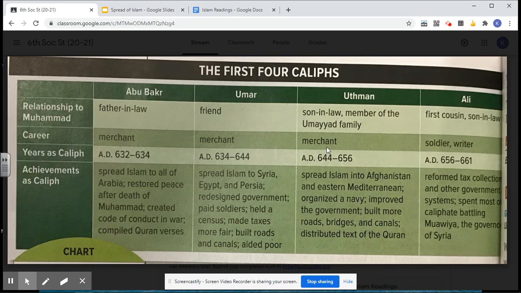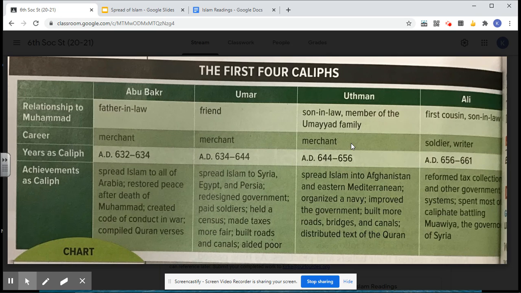The careers are very similar, because you see that three of them are merchants. Merchants again are businessmen or people involved with the trade of the time. So it makes sense that the majority of these guys were merchants, because it was important at the time, since the Middle East, where Islam is springing up, is at the center point for a lot of the trade.